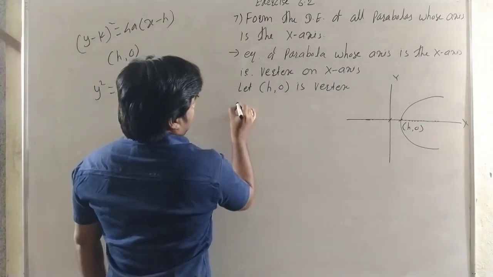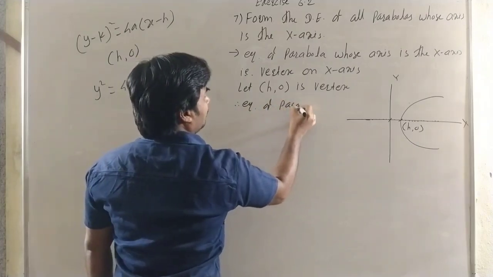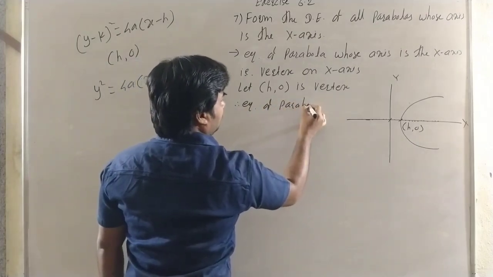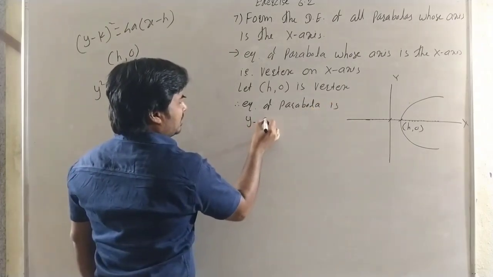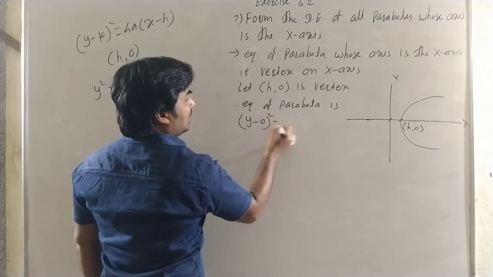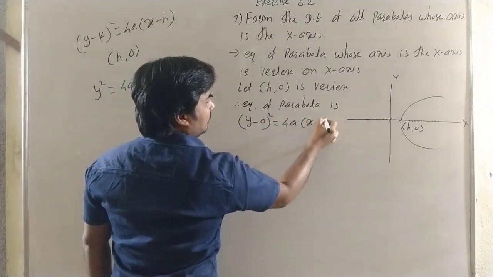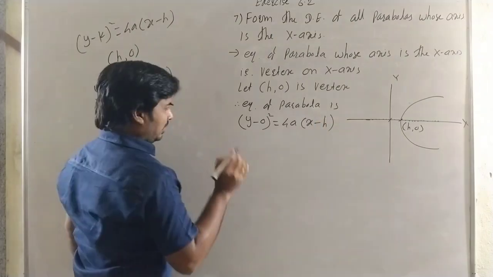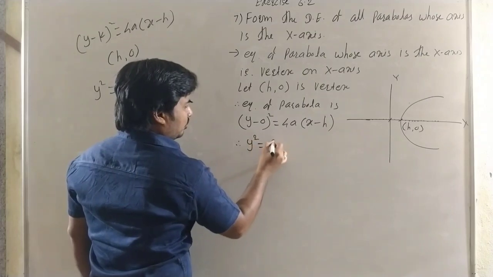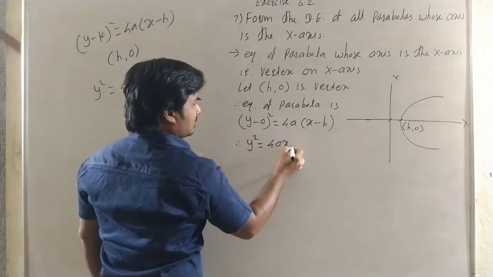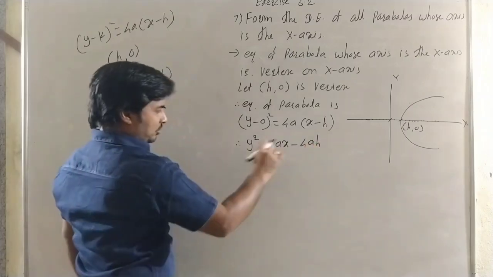Now the equation of the parabola is (y minus 0) whole square is equal to 4a into (x minus h). Therefore you can write y square is equal to 4ax minus 4ah. It is the equation of the parabola.